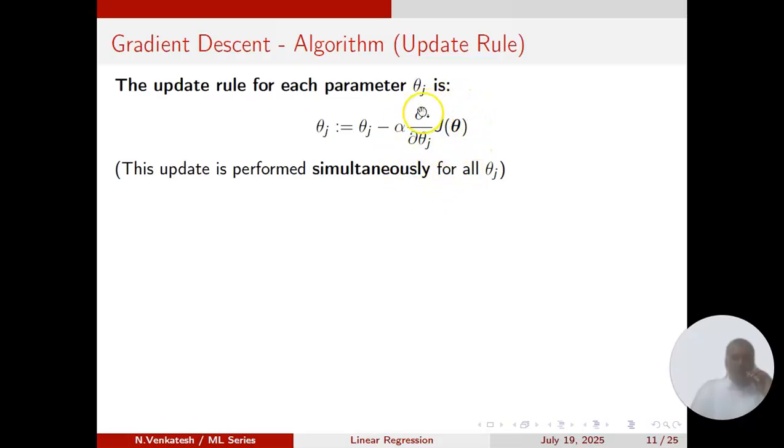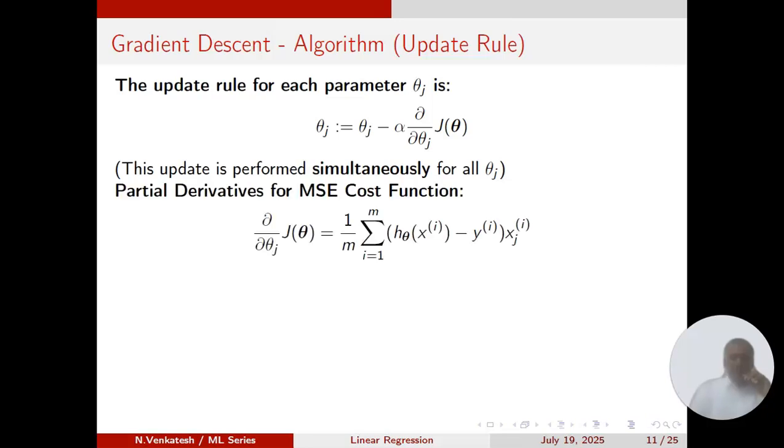This is actually a slope. This update is done simultaneously for all theta. So first you calculate the partial derivative with respect to theta j.